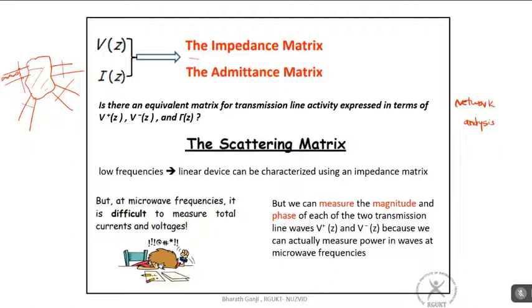So the scattering matrix relates the voltage, of course, because we are dealing here with voltage, but I can say it relates the incident wave with the reflected wave.